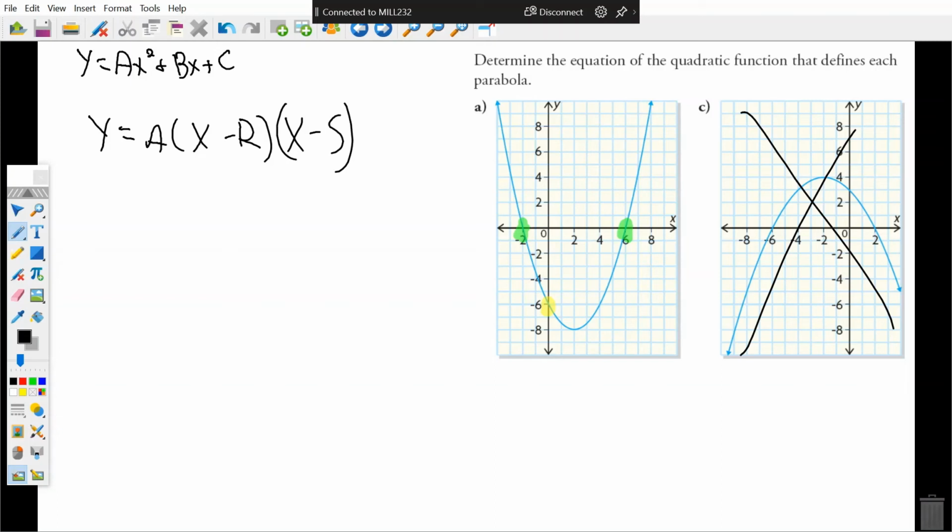We know r, -2. If I put a -2 in here, it's going to become +2. And s is 6, x minus 6. So now we are here. From here, we have to find a.